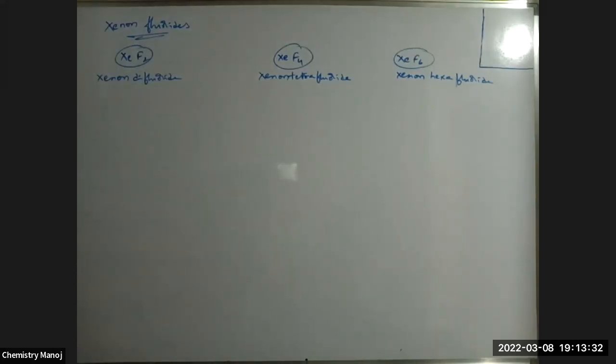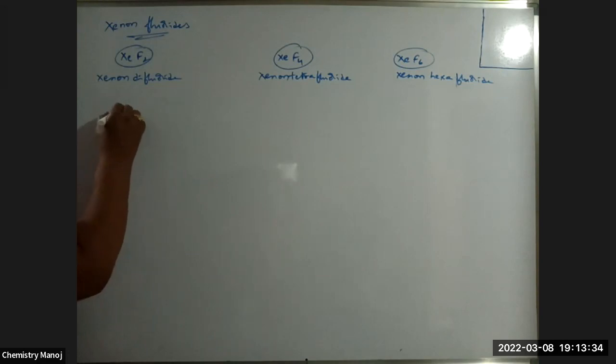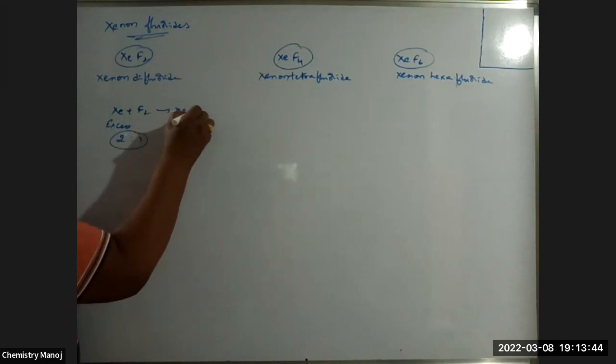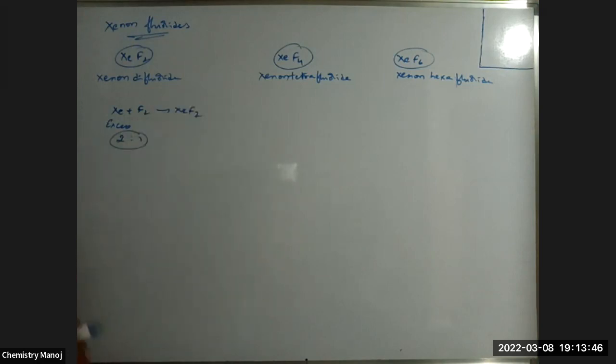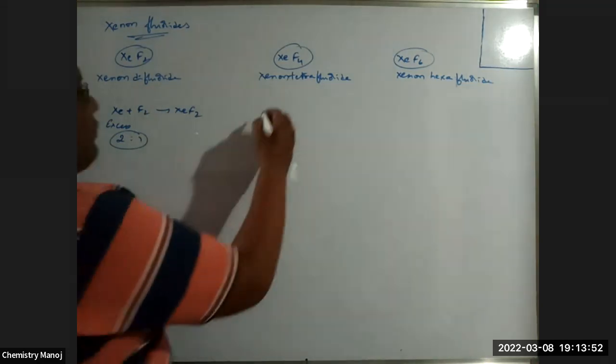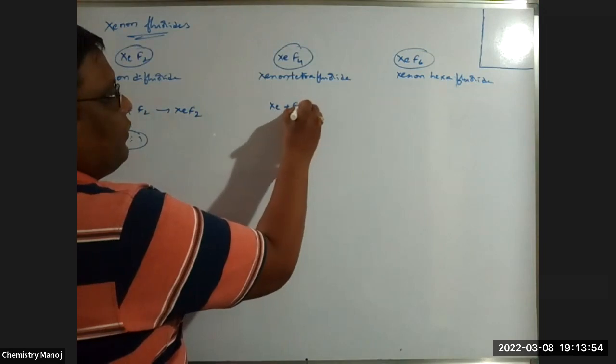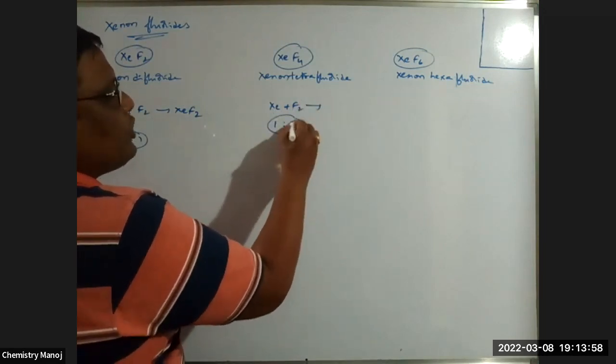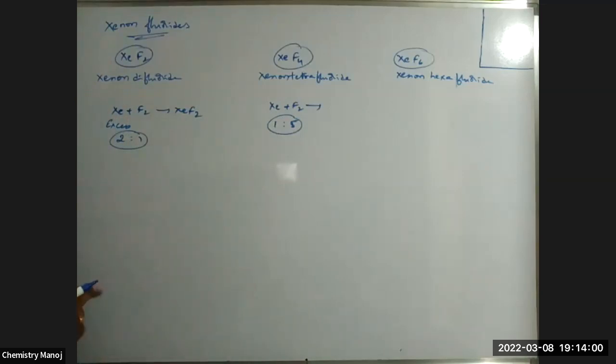Preparation is just, my dear, when xenon reacts with fluorine. If xenon is in excess, almost a 2:1 ratio, that gives XeF2. If the ratio of xenon to fluorine is 1:5, which is more now, fluorine or xenon?